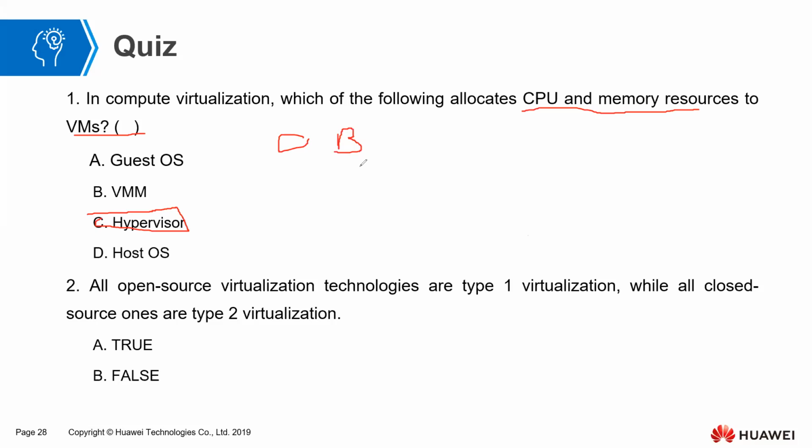Joel is saying B. Other people are saying B, others are saying C. Friday, I see your hand is up.